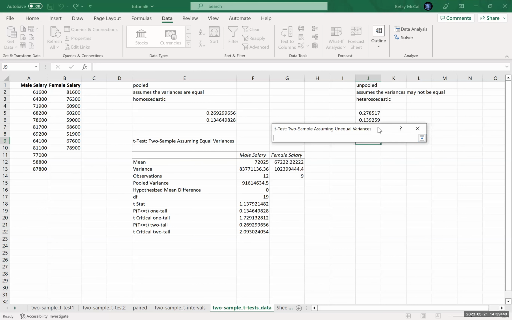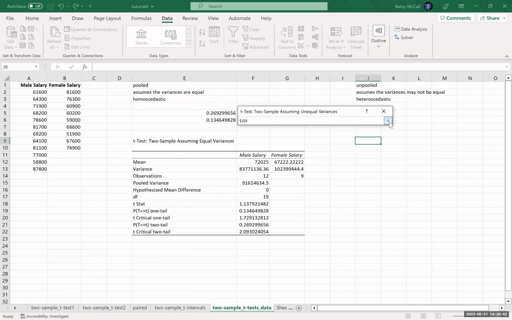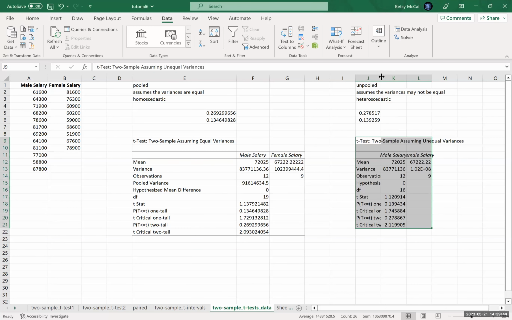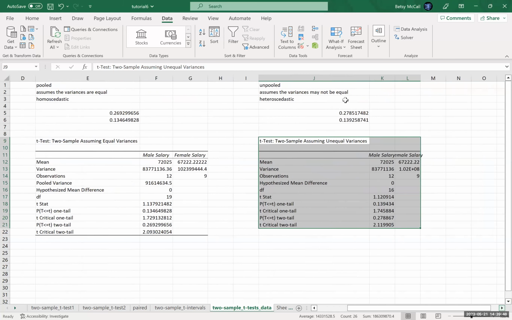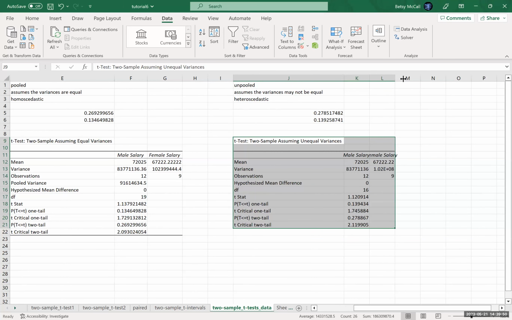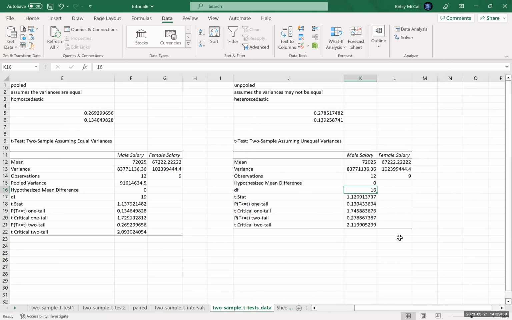I'm going to put it right here. And again, we get all these summary statistics. These look exactly the same as we had over here. The degrees of freedom is 16.